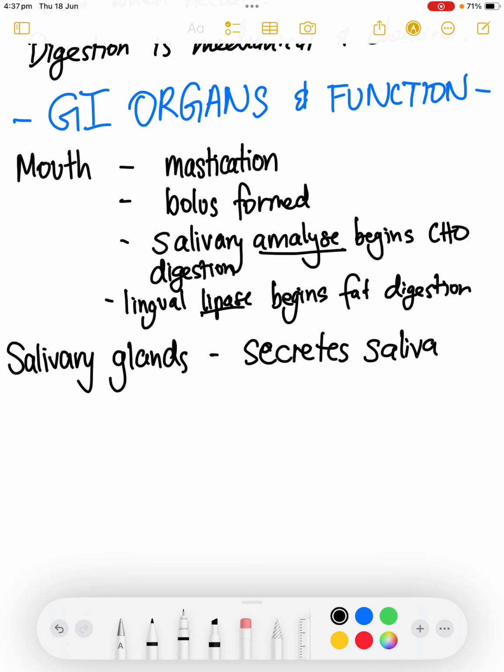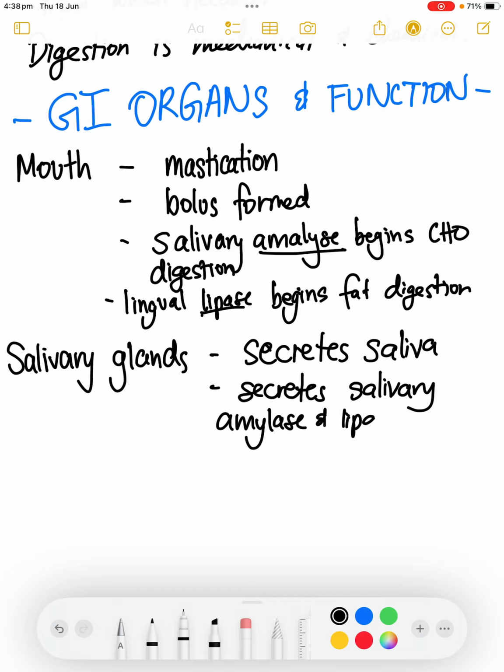And then the enzymes salivary amylase and lipase are also involved here, which we spoke about a little bit earlier. Amylase breaks down carbohydrates, lipase breaks down fats.